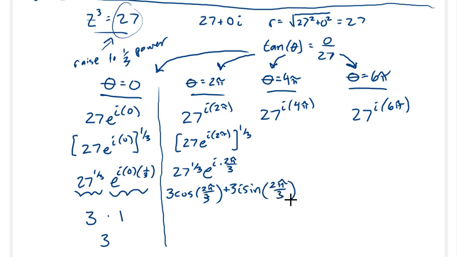And those are special values, and so I can go ahead and say that's going to be -1/2, and this is going to be square root of 3 over 2. So here I get this answer of negative 3/2 plus i 3 roots of 3 over 2. So a completely different solution based on using that version of 27.